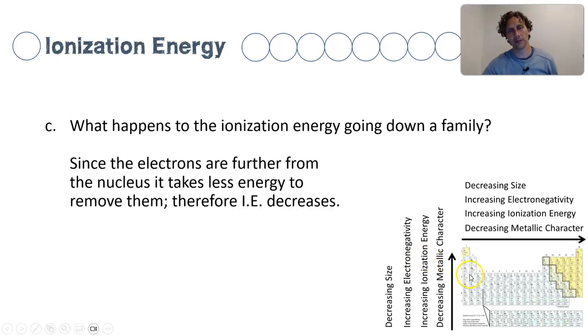It's easier to remove an electron from cesium than it is from lithium, which is also why cesium reacts so strongly when you put it in water, because it loses the electrons so easily. So don't chuck your cesium in the pond, kids. It'll react very strongly.